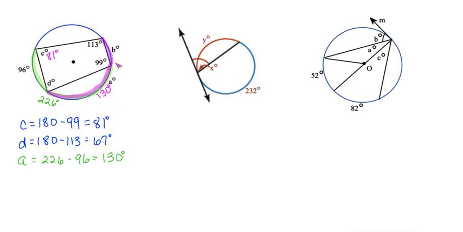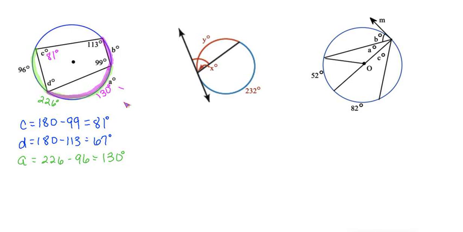Okay, so if the inscribed angle is 81, then this entire pink arc would be twice that, which is, that's right, 162.